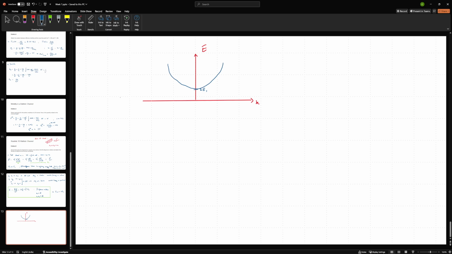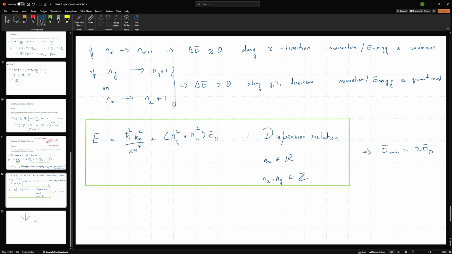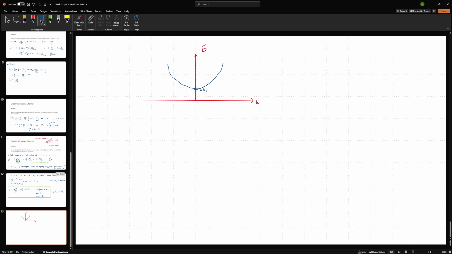Now, the next energy level it can have is when one of these goes to 2, either this or this, in which case the minimum possible energy is going to be 5. So, I will jump up and go somewhere over here, 5ED, and I will have a similar parabola. It's essentially going to be parallel to this. It is just going to be shifted.